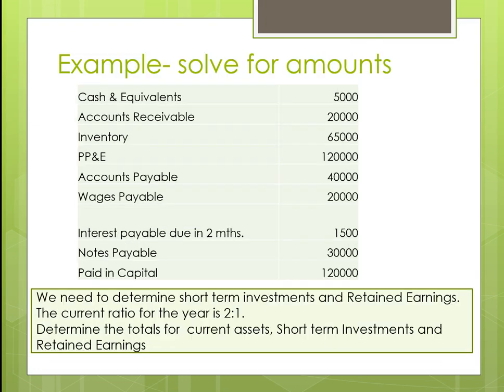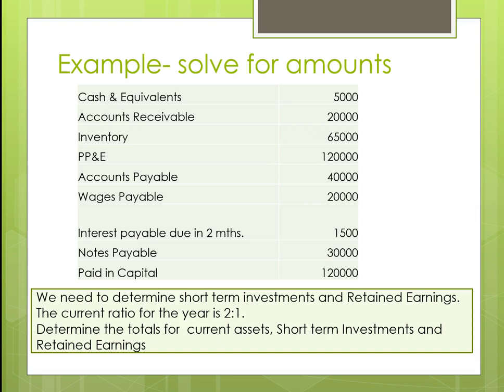Okay, now we're going to solve. So, in this example, we need to determine short-term investments and retained earnings. So how are we going to do that? The information they give us is from a trial balance, and they tell us that the current ratio for the year is 2-to-1, which means they've got twice as many assets as they have current liabilities.